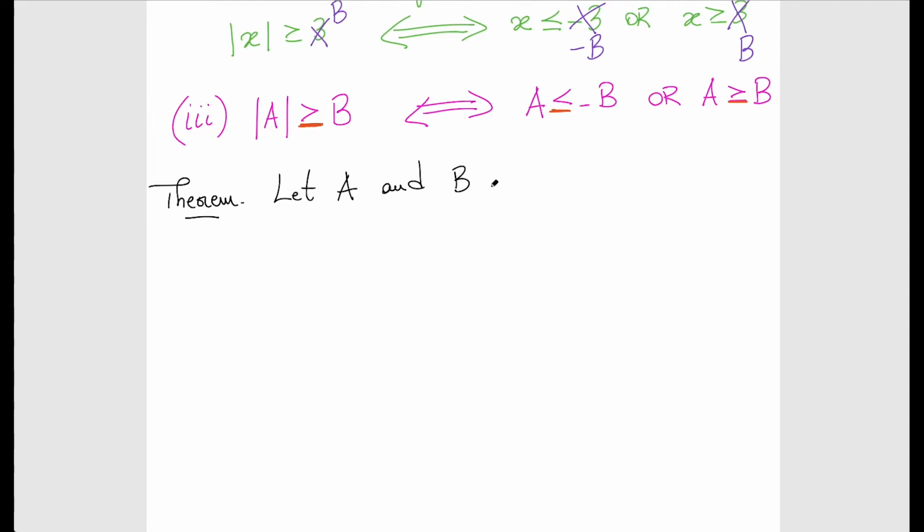So let A and B be real numbers such that B is greater than or equal to 0. Right? Because everything we discussed above was under the assumption that B is greater than or equal to 0. Then the following hold.